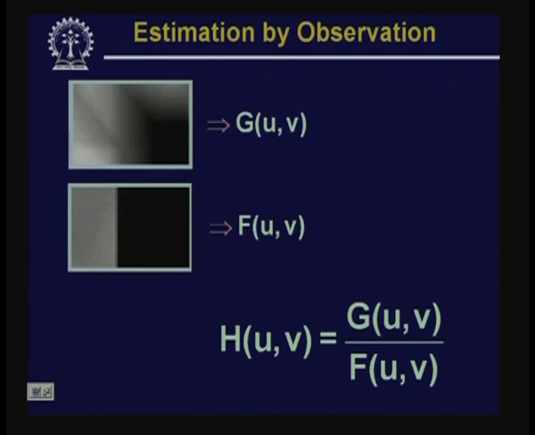Obviously, the degradation function in the Fourier domain is given by H(u,v), which is equal to G(u,v) by F(u,v). And you remember that in this case the division operation has to be done point by point. So, this is how the degradation function can be estimated by observation when only the degraded image is available.